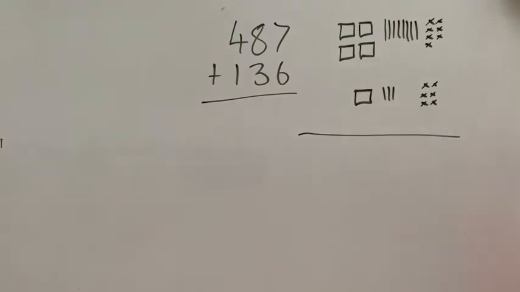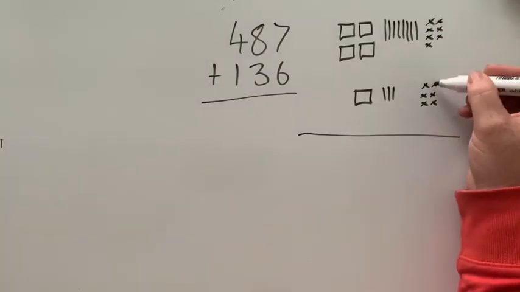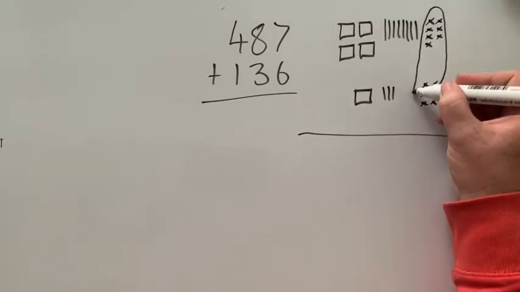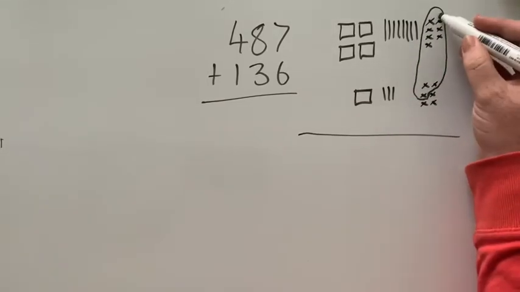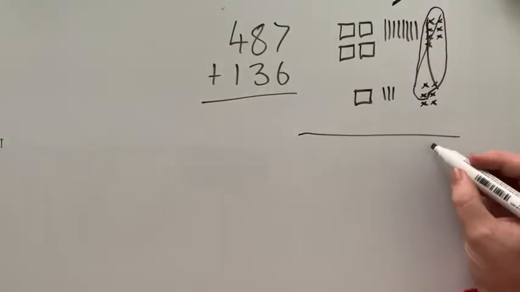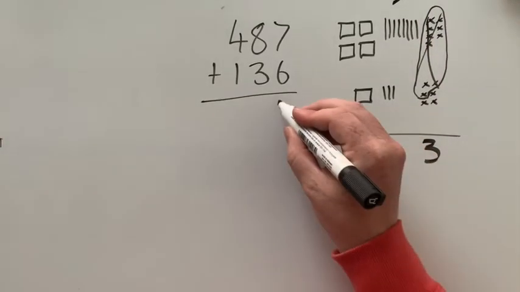And then we count 7, 8, 9, 10. Cross it out. Rename, and there are 3 ones left over.